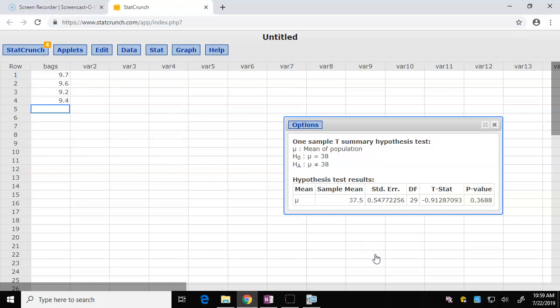So again, your t-stat is 2 decimal places. Your p-value is 3 decimal places. So what is our t-stat to 2 decimal places? Negative 0.91, good. What is our p-value to 3 decimal places? 0.369.